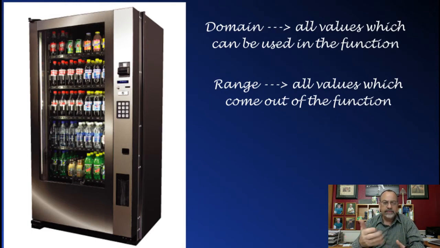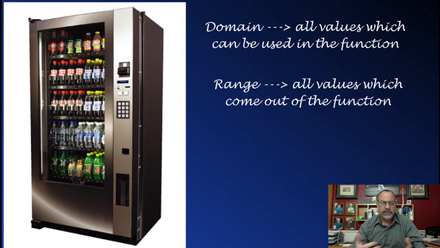Maybe the portion of the machine that accepts dollar bills can't handle any kind of denomination over 20. So again, that's going to limit our domain even more. So we would begin by, well, we can use any kind of American money we want, except you can't use pennies and you can't use denominations over 20. So we begin by assuming the largest set, and then we eliminate the ones that we can't use.